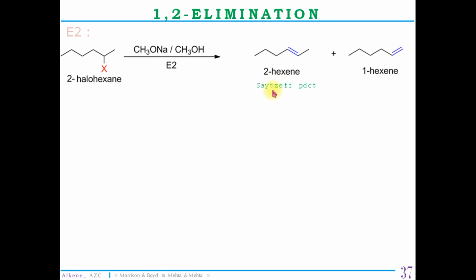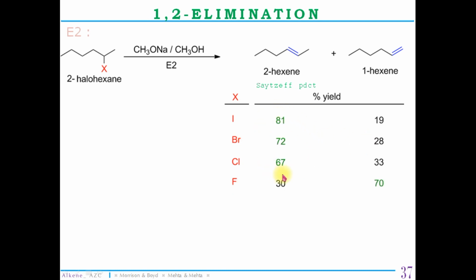And as per Saytzeff's rule, the major product is the one which has the greater number of alkyl substituents. So 2-hexene is the major product or Saytzeff's product. Here is a general reaction, and when this reaction is actually performed using 2-iodohexane, 2-bromohexane, 2-chlorohexane and 2-fluorohexane, the percentage yield of the 2 isomers obtained is given.